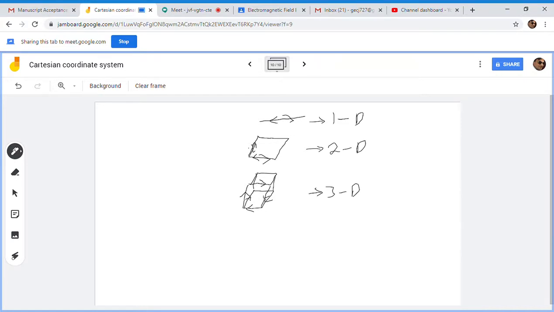So you can move in any of these. I will not talk about the fourth dimension, that is out of your syllabus. So these three dimensions we have to see in different coordinate systems. This we have seen, this is very obvious. We need to see this.